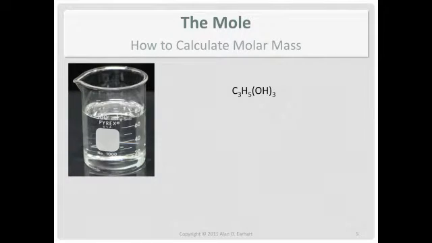This is the chemical formula for glycerol. So we look at all the elements in there. How many carbons are there? There are 3. How many hydrogens are in there? Well, there's 8. I just counted all 8. Because that 3 on the far right affects everything in the parentheses. So there's 3 O's, 3 H's.